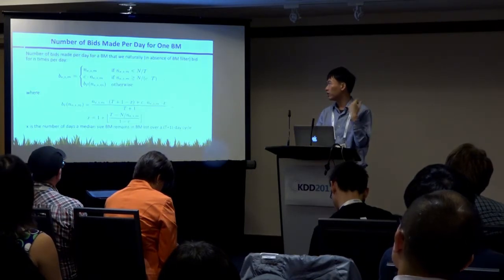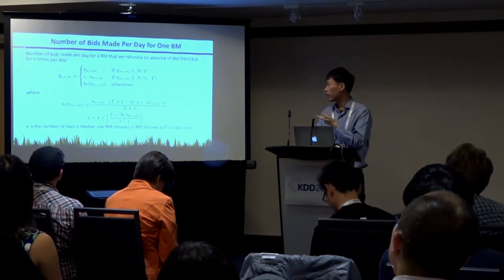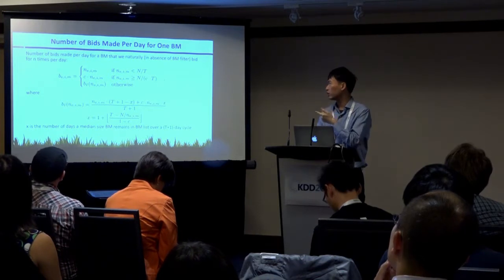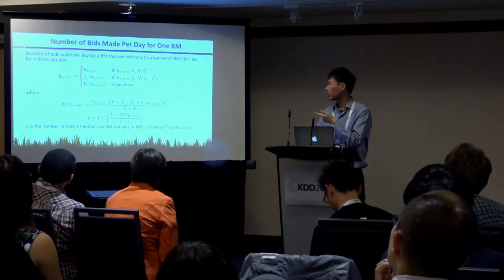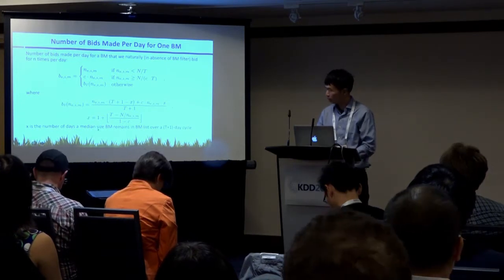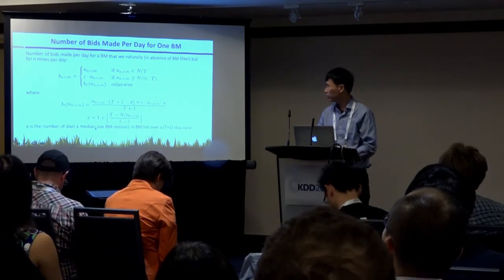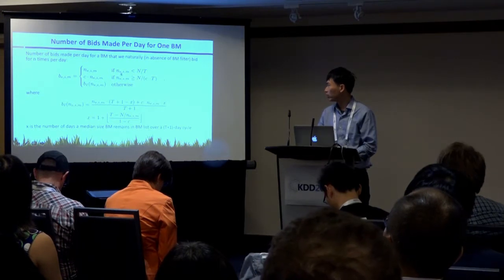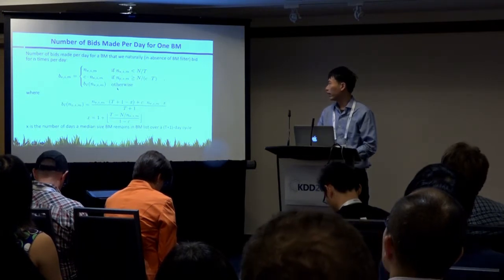So this is about the three classes of marketers and the number of times you actually bid for them as a function of the sampling rate. This is the equation, and this is the small marketer case, large marketer case, and medium marketer case.